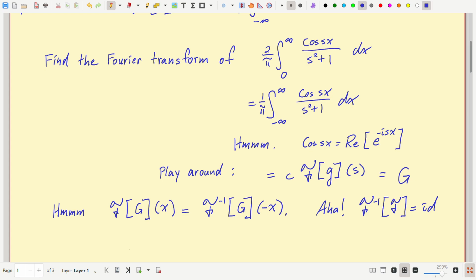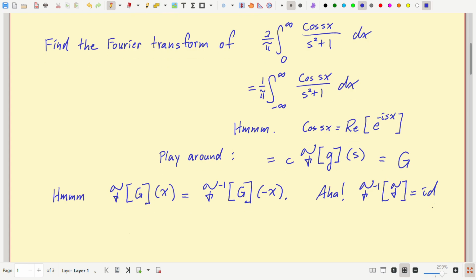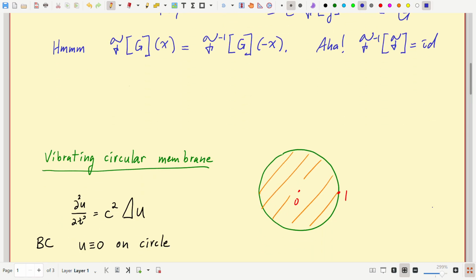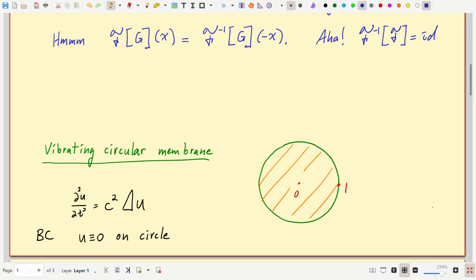Well, I wanted to finish off next the discussion from last time about the vibrating circular drum problem. And so this is from last time. I set it up. I wrote the wave equation in polar coordinates and realized that if it's a vibrating membrane, it's supposed to be stretched tight so that the vibrations are small.